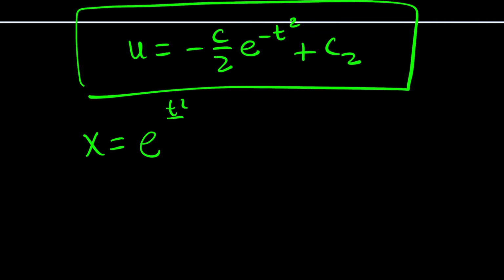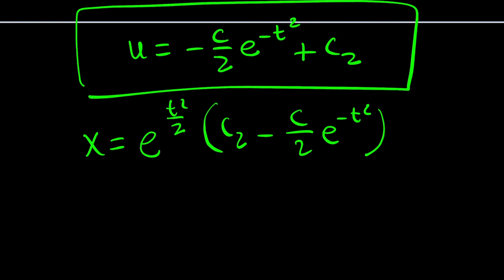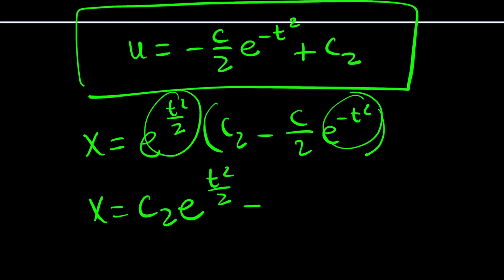So x is going to look like something like this. E to the power t squared over 2 multiplied by c2 minus, I'm just reversing, or I mean switching sides so that we can write the positive term first. And then if you go ahead and actually distribute this, you're going to get something like c2 e to the power t squared over 2. And then minus, when you multiply these two things, it's going to give you t squared over 2 again, but with a minus sign because this is bigger.